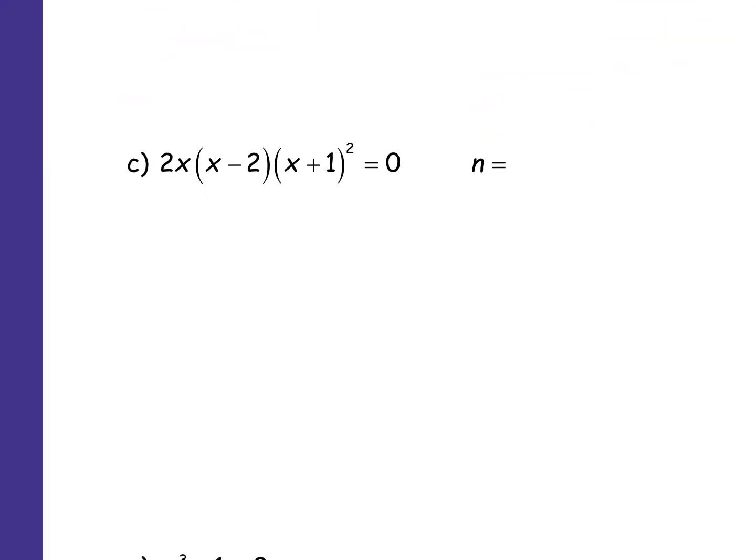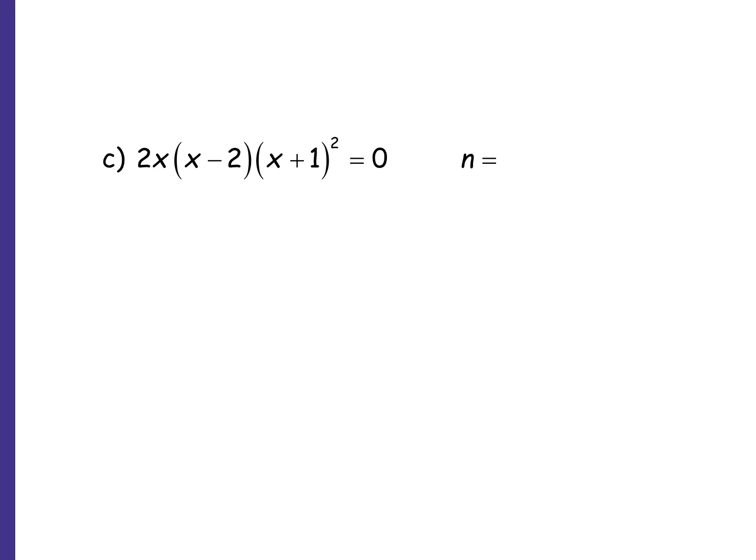And then C, let's see, we've got an x and an x is x squared times x and x is x squared. So that would be x to the 4th. So I should have 4 answers on this one. Okay. So we've got 2x equaling 0, x minus 2 equaling 0, and then x plus 1 equals 0, and x plus 1 equals 0.